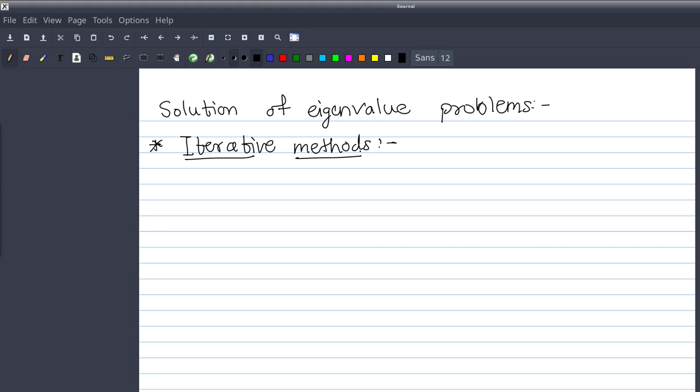In fact, if you have a 10 story building, that means a 10 degree of freedom system, but even for that you may not need more than 3 mode shapes that will capture the entire picture. So very often we do not go for solving all the eigenvalues or eigenvectors. We will be interested only in the highest or dominant eigenvalues and corresponding mode shapes.